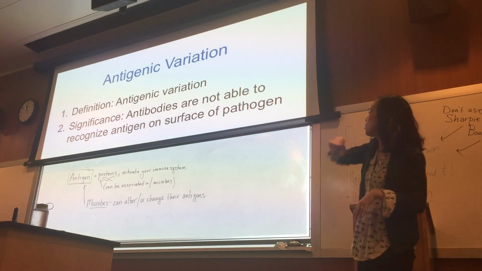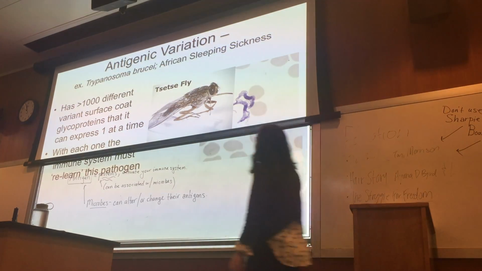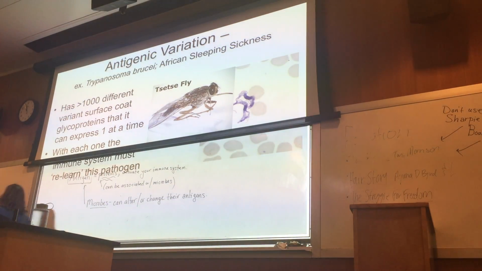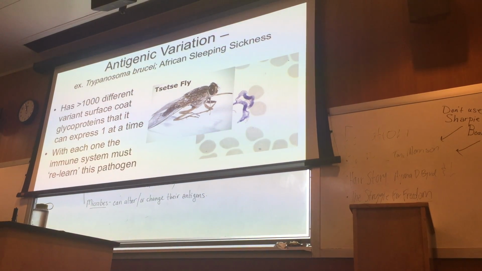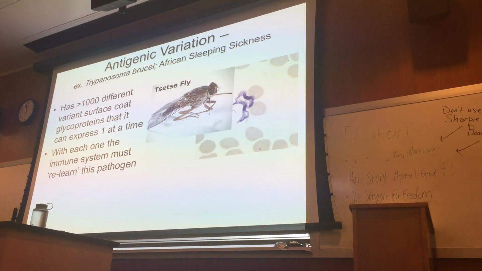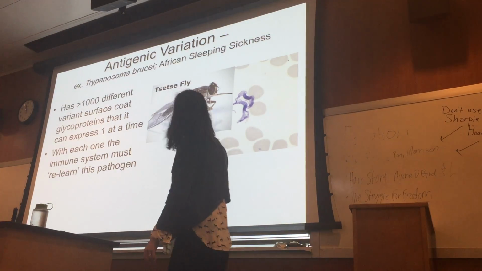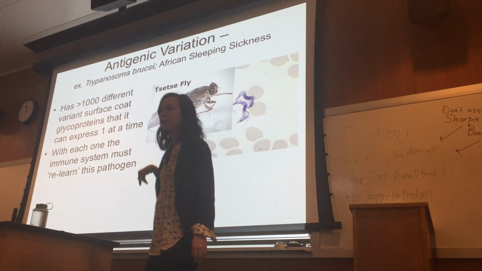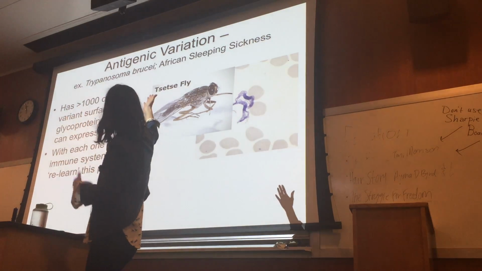The antibodies won't be able to recognize all those variations, and this happens a lot. HIV is a good example because we just talked about it, but it shows up in a lot of different microbes. So HIV was a good example of antigenic variation.